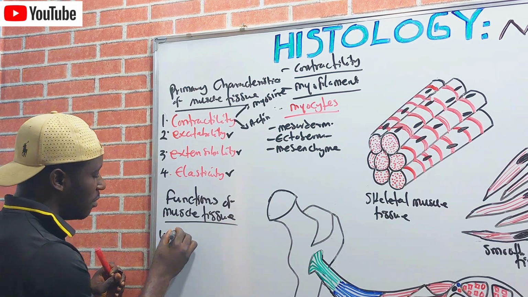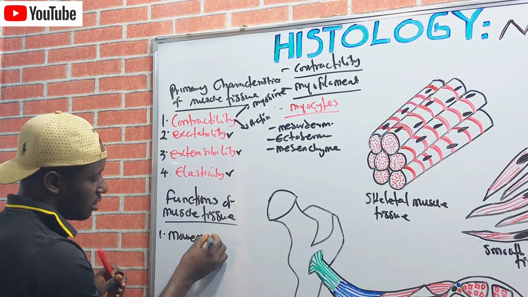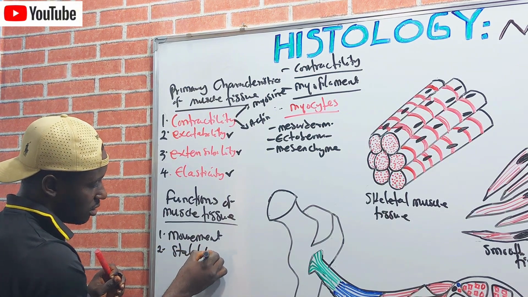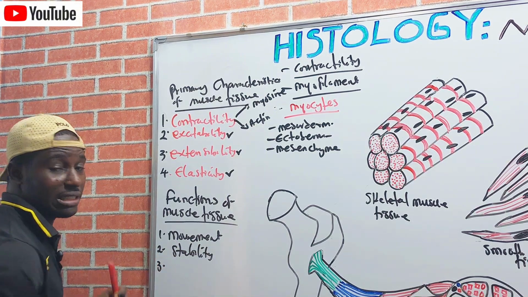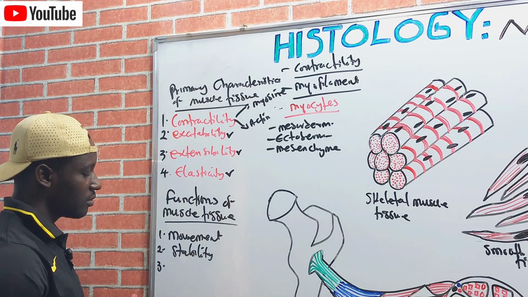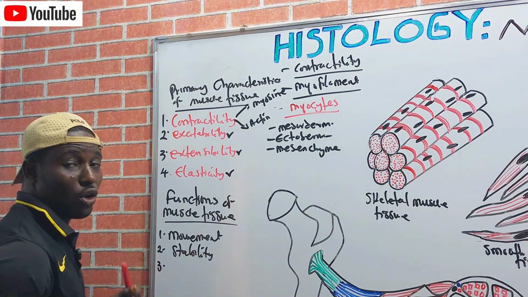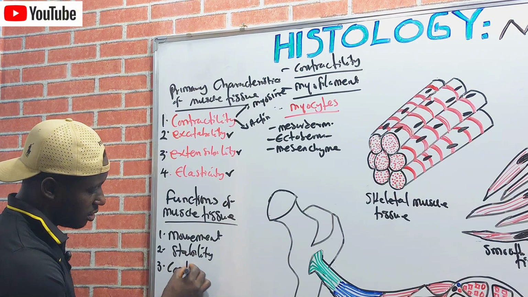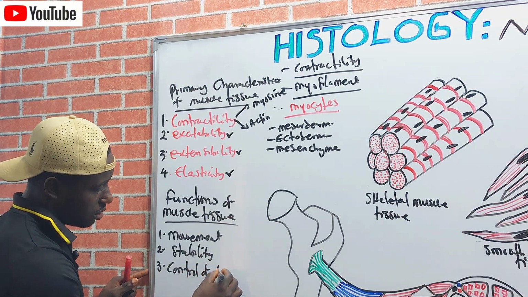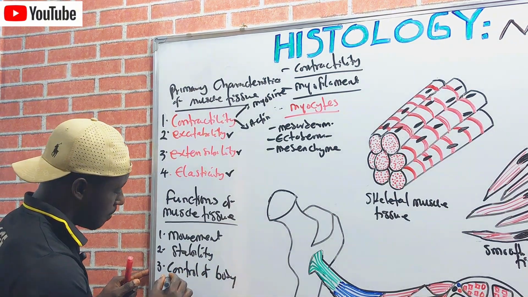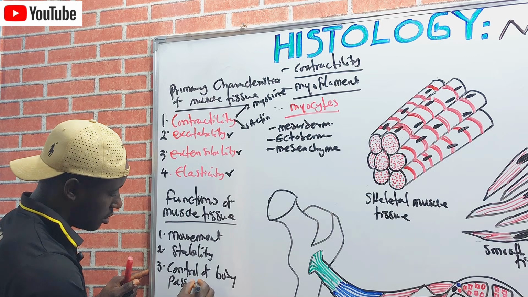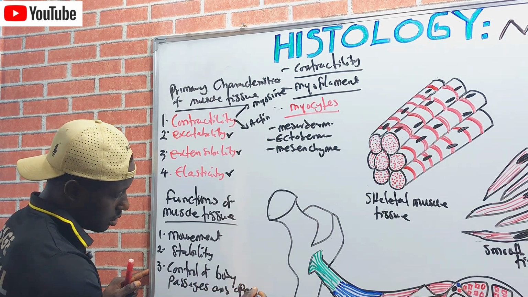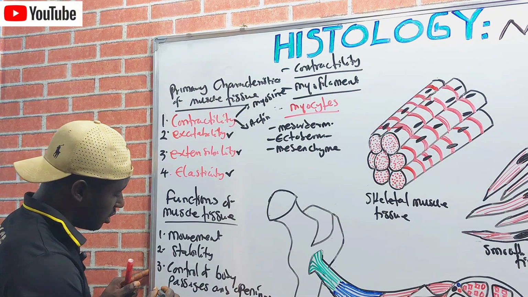Number one is movement. Number two is stability. Number three is control of body passages and openings.